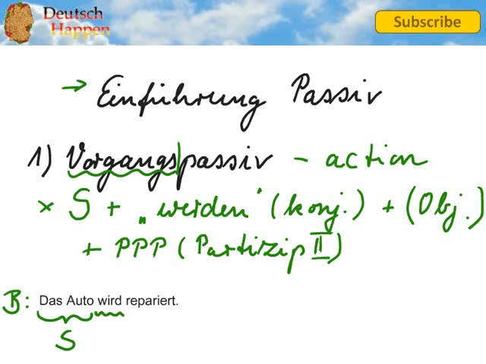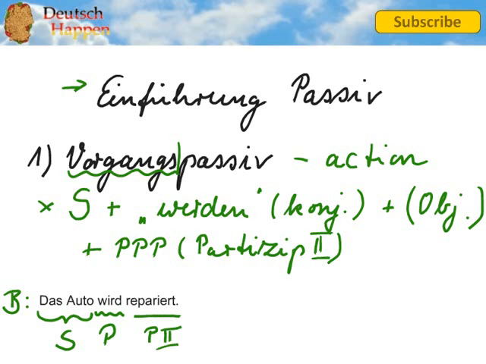So for third person singular, das Auto, it, so the car, it, therefore wird, conjugated third person singular once again, and you simply conjugate it in the present tense. So I put a P here for Prädikat. Prädikat means conjugated verb, and also it's the present tense. And the last part is our repariert, which is the PPP, and I'm going to make the abbreviation here P2.